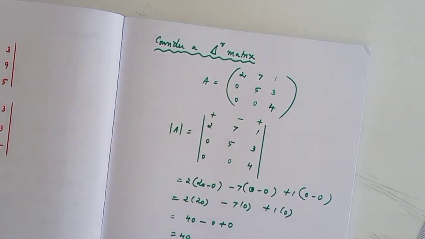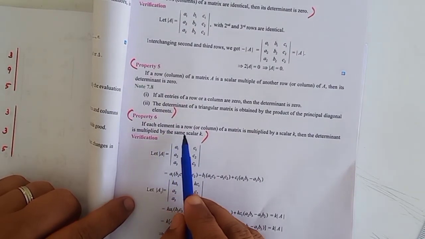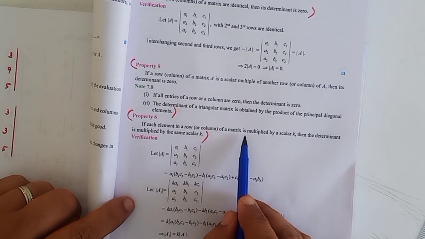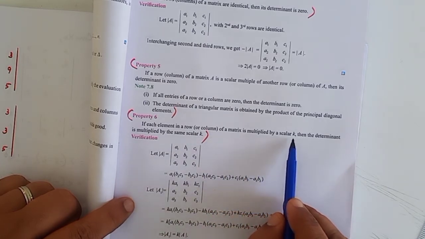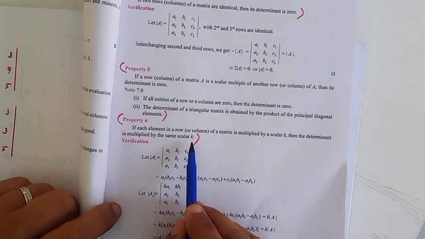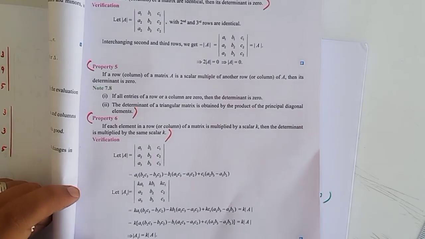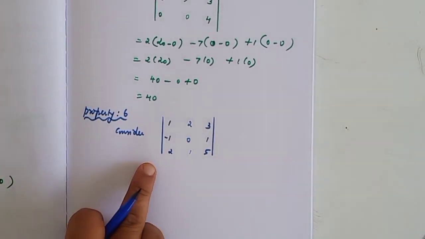Okay. Now property number 6: if each element in a row or column of a matrix is multiplied by a scalar k, then the determinant is multiplied by the same scalar k. I'll give an example for property number 6.